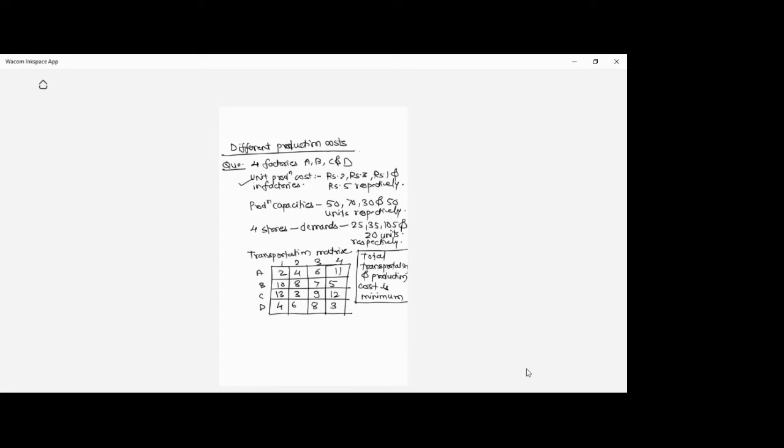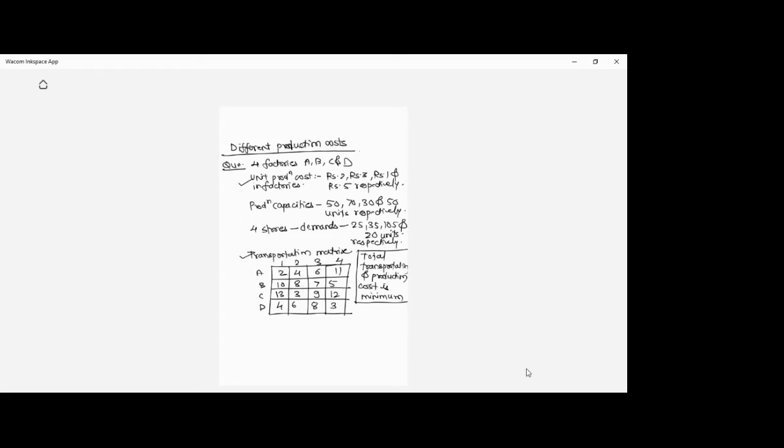That factor has been taken into consideration, and how to solve that numerical is a variant of the transportation model as well. We have already seen this numerical. What we did was convert the transportation matrix into the transportation matrix plus production matrix, right?